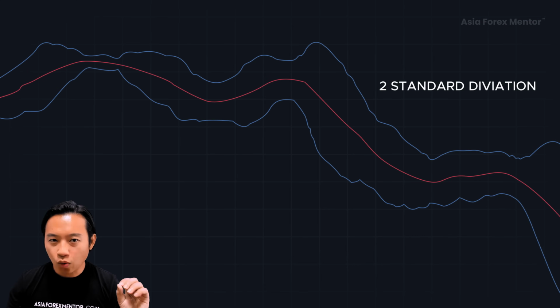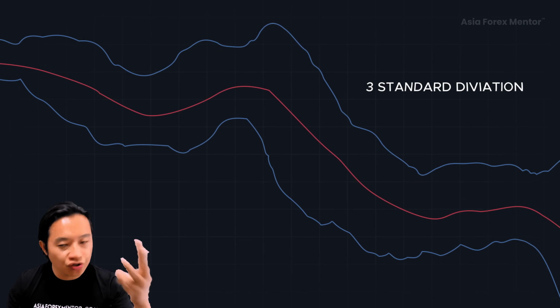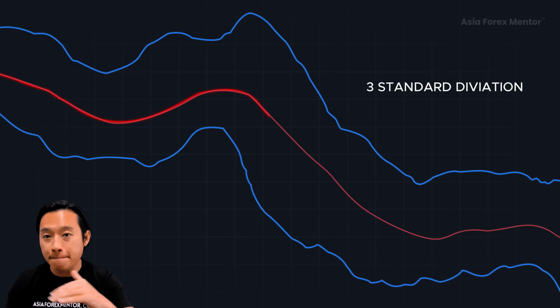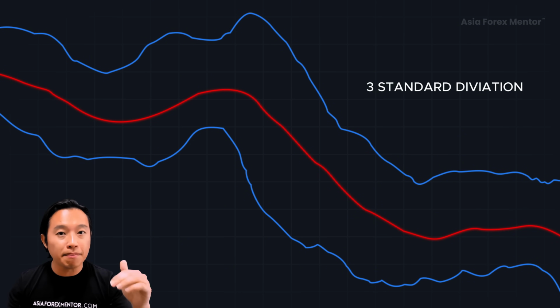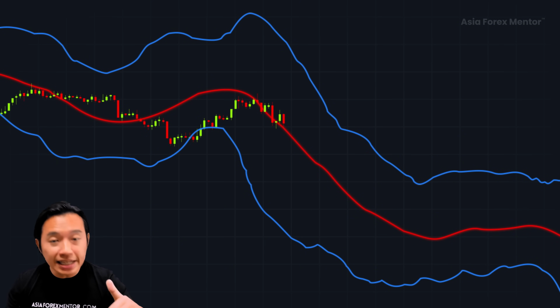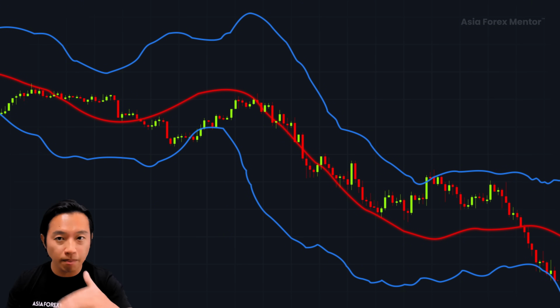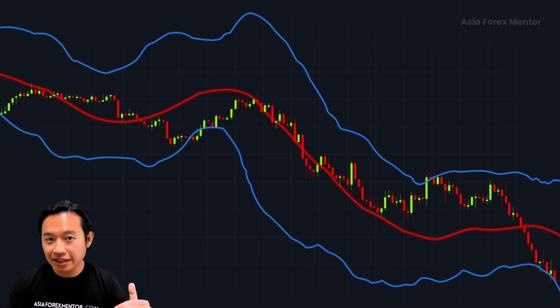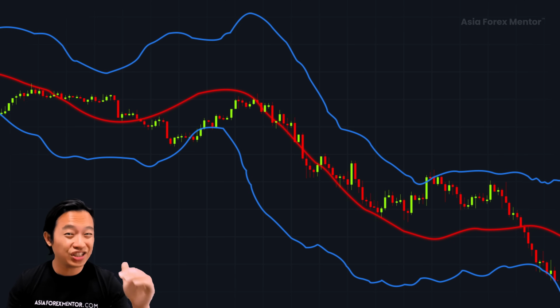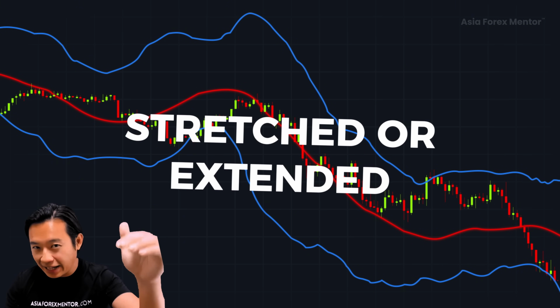So for example, when we say something is 3 standard deviations away from the mean, it indicates that the market has moved significantly away from its average position, signaling that the price is quite stretched or extended, right?